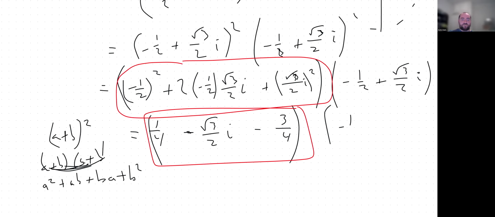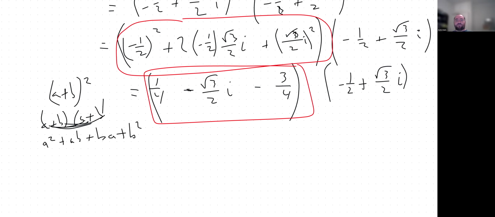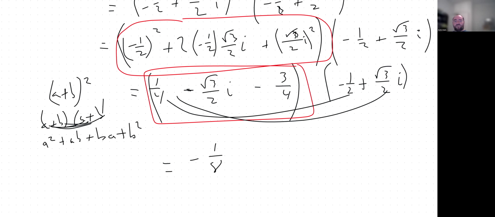All right. Let's multiply the 1/4 by negative 1/2 and then by square root 3 over 2i. And then we'll do the negative square root 3 over 2i, and then we'll do the minus 3/4. Okay? So 1/4 times negative 1/2 is negative 1/8, plus square root 3 over 8i. Now minus square root 3 over 2i times minus 1/2.